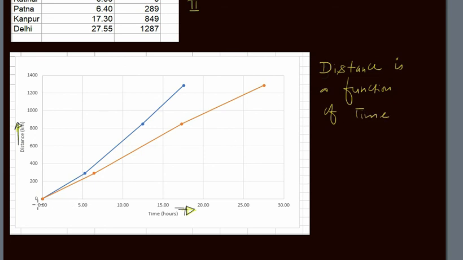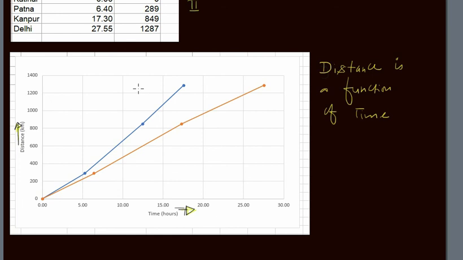So you see here, as we go from starting to 5 hours to 10 hours to 17 hours, we cover distance. We also move in this direction. That means distance is a function of time.